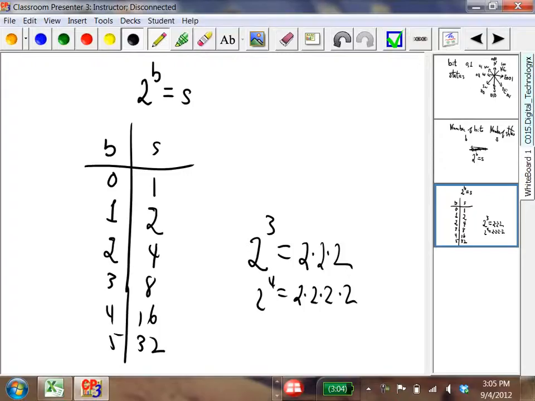If we were to graph S here and B here, then if B is 0, S would be 1, and it goes up like that. It's very steep. Exponential growth is really an amazing phenomenon.